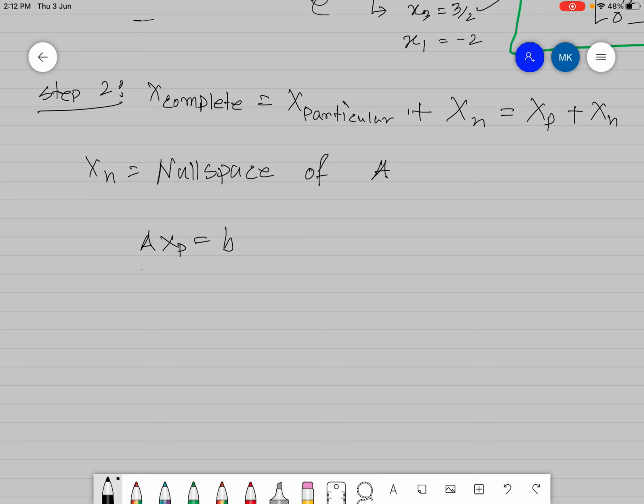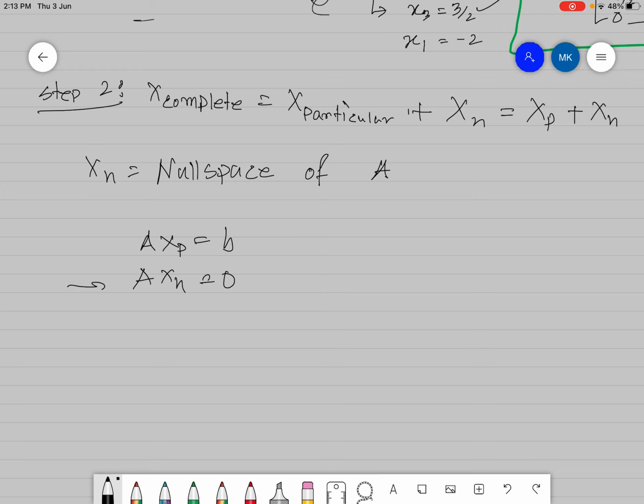And if you multiply a matrix with its null space, you would get 0, because that was the main point of solving the null space of any matrix. The null space is all the solutions of Ax equals 0, right?